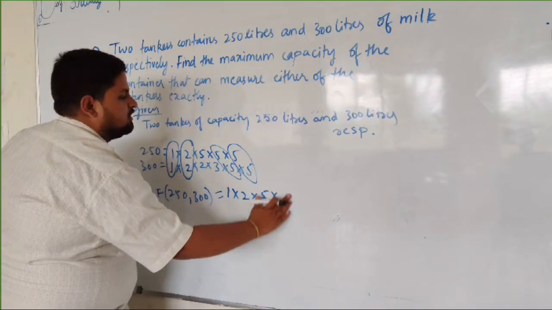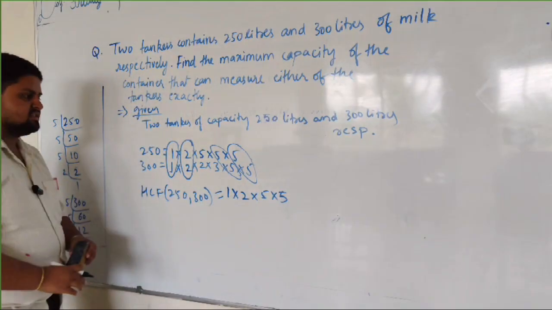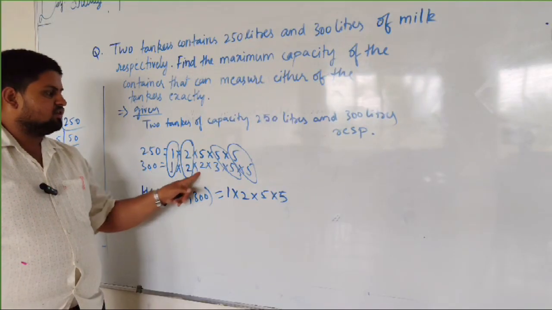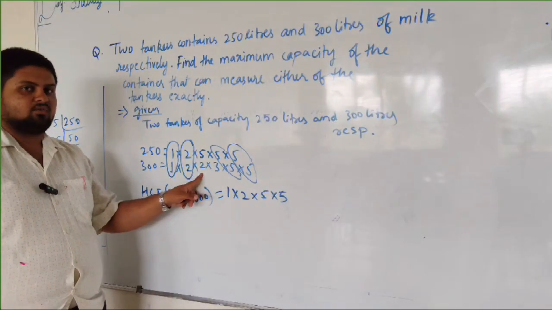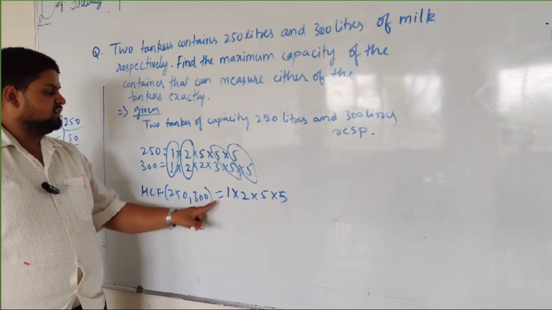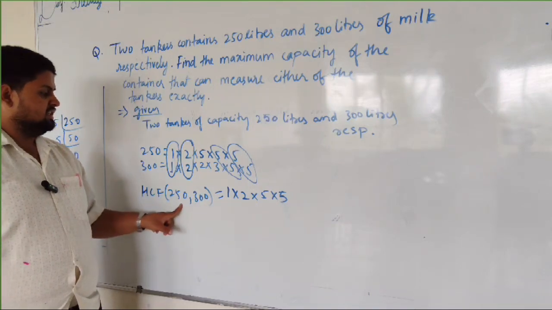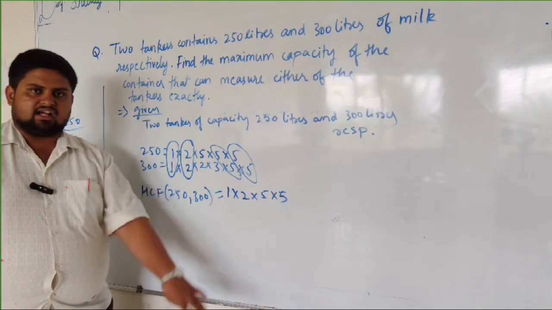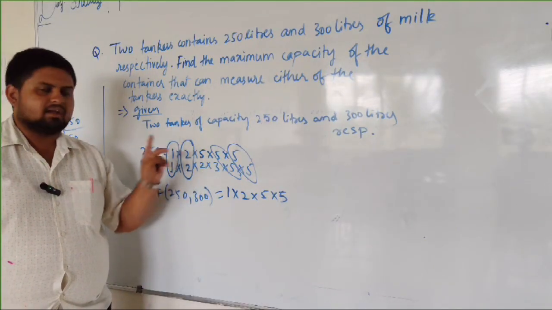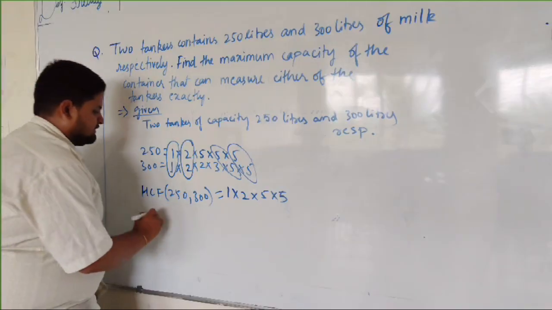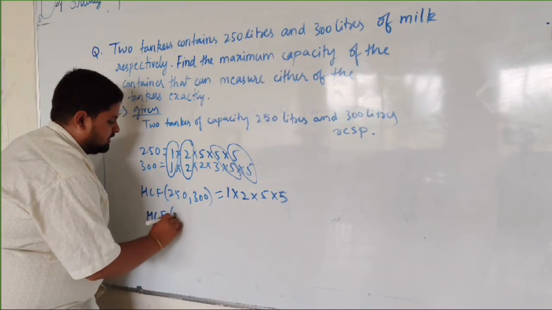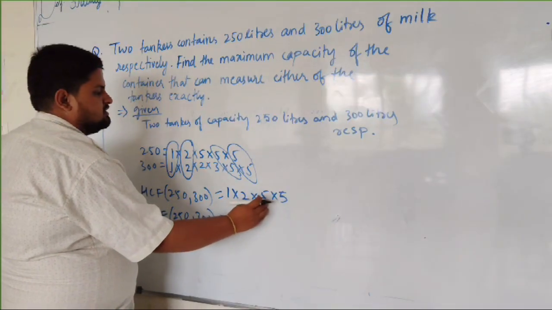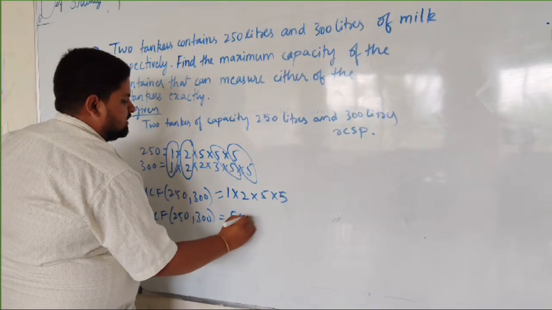Always remember, when you are finding LCM, first we'll write the common factors one time, along with them, we'll also take the numbers which are left out. Whereas, whenever we are finding the HCF, we'll consider the common factors only and not any other unpaired numbers. So let us multiply. HCF of 250 and 300 is 2 5s are 10, 10 5s are 50.